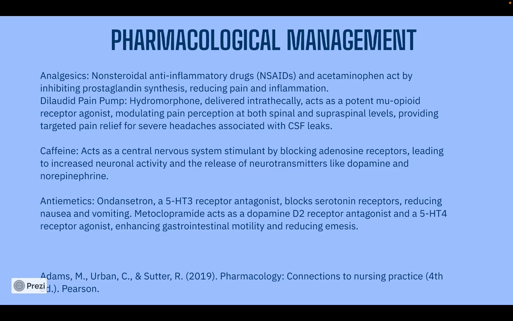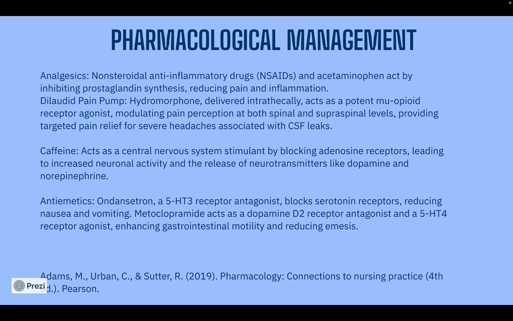We're also going to treat with antiemetics because this patient was having nausea and vomiting. Drugs like Zofran and Reglan are valuable in treating nausea and vomiting. And then most often on my floor, I'll see the doctor order a hydromorphone pain pump so the patient can have independence and control over their pain.